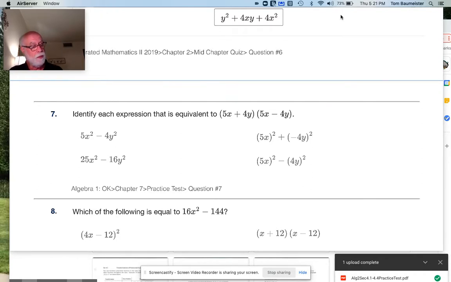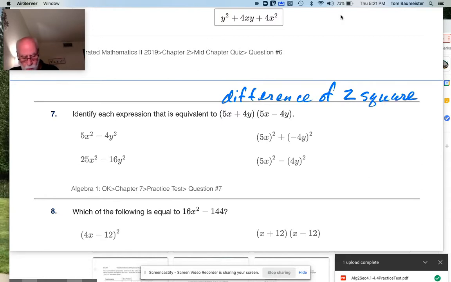So remember on this one here, ladies and gentlemen, it is a difference of squares, or difference of 2 squares. So remember, what we're saying is it's going to be a difference. So we know we're going to have a minus there.